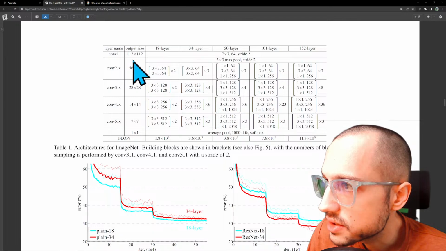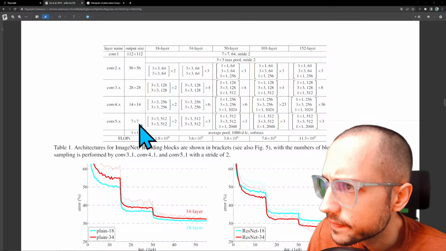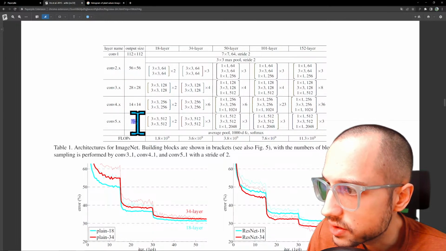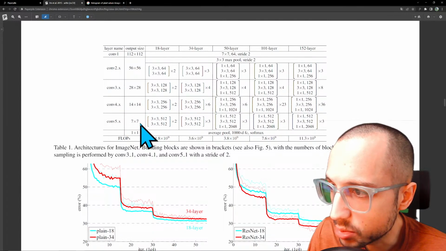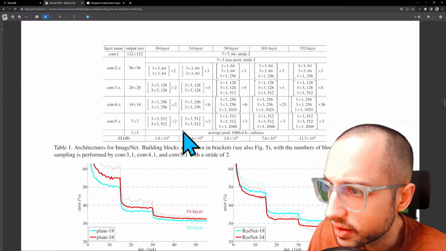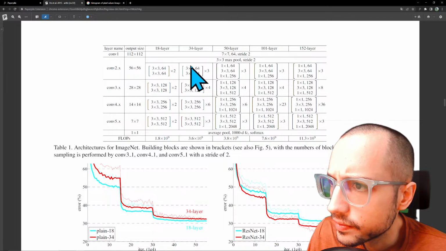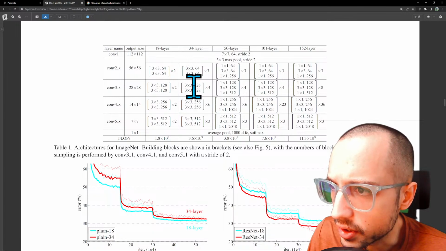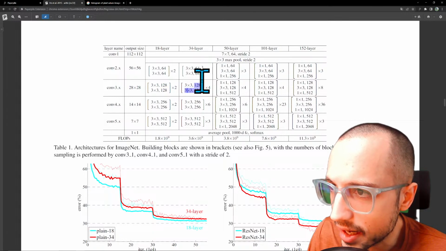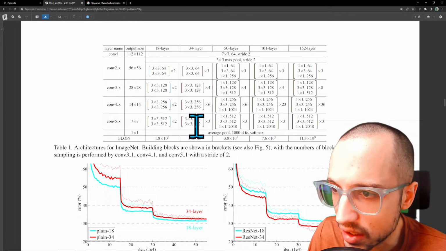Different conv blocks here. This is the output size of the feature maps, and this is the number of channels, the dimensionality of the feature maps: 128, 256, and then eventually 512.